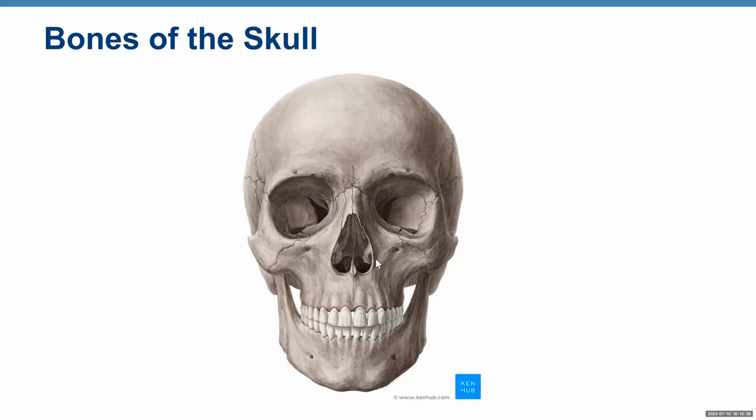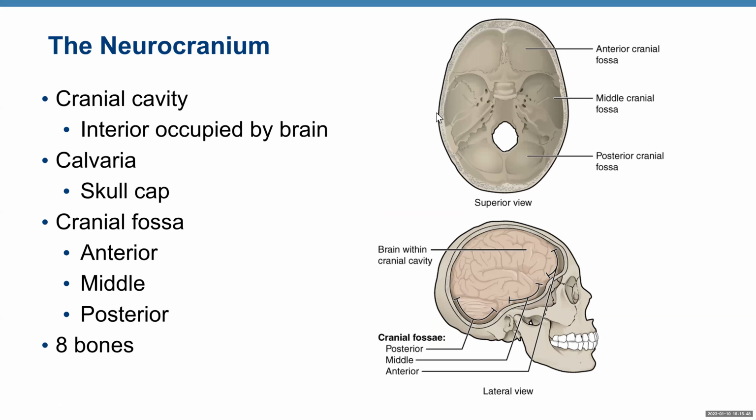Now we're going to cover bones of the skull without going into many details. Okay, neurocranium. The neurocranium makes the cranial cavity. The inferior part of the cavity is occupied by the brain. Calvaria is the skull cap.